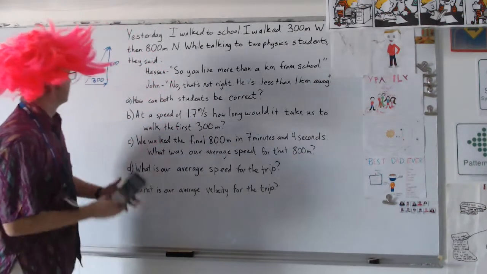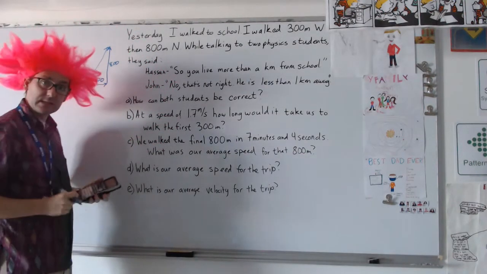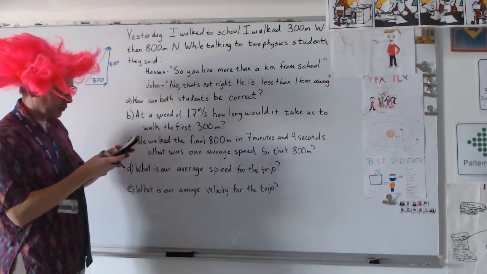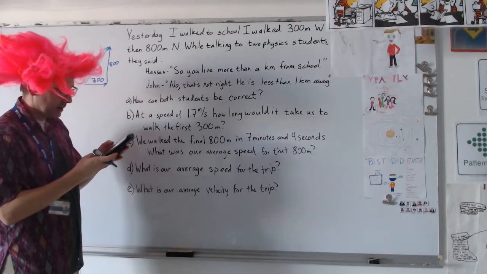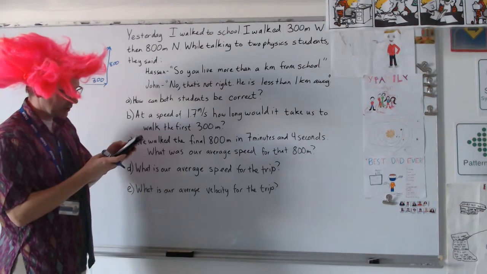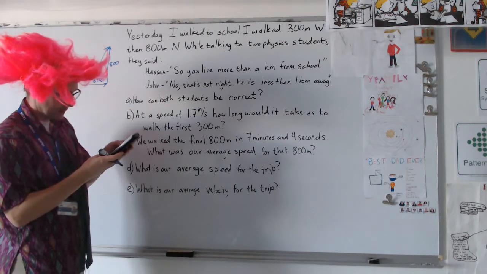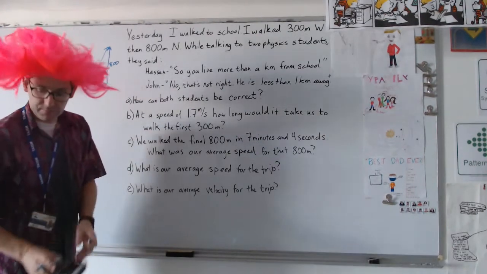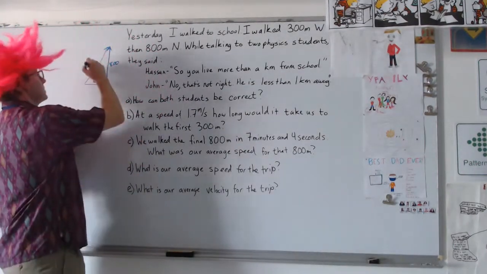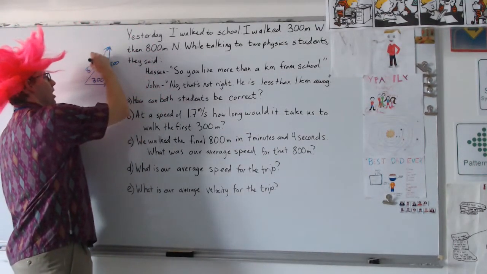Well, a squared plus b squared equals c squared. So you should be able to go 300 squared plus 800 squared, and then you square root that answer. And I get 854. So, how is John correct?